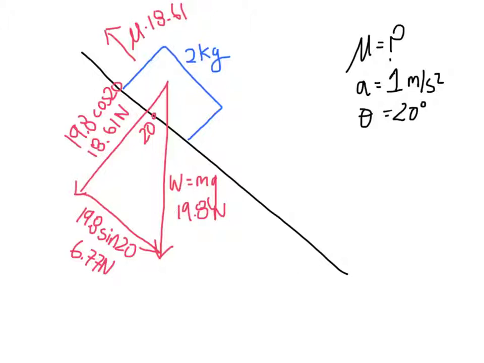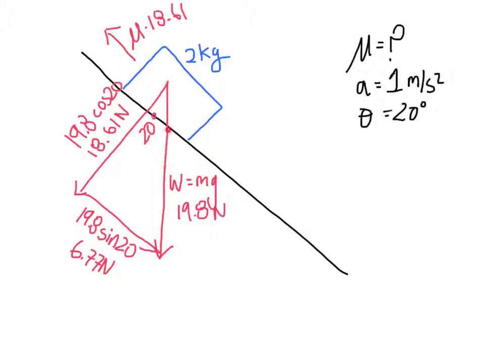So, when we draw it out, create our triangle, our first step is, we know the block has a mass of 2 kilograms, so we know the weight from W equals mg will be 19.8 newtons, assuming we're on Earth. This isn't really drawn to scale.